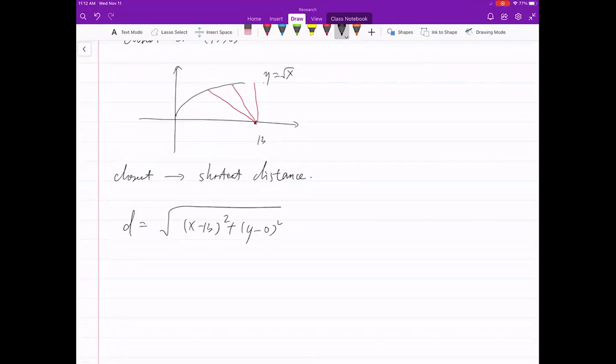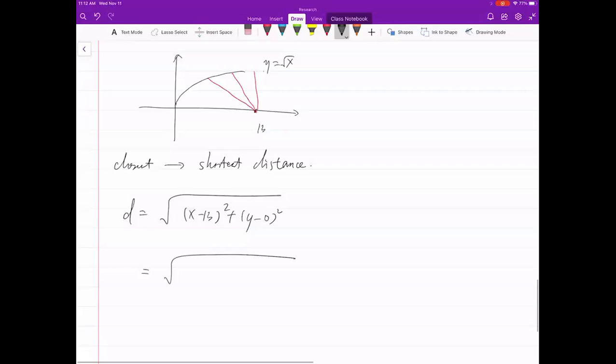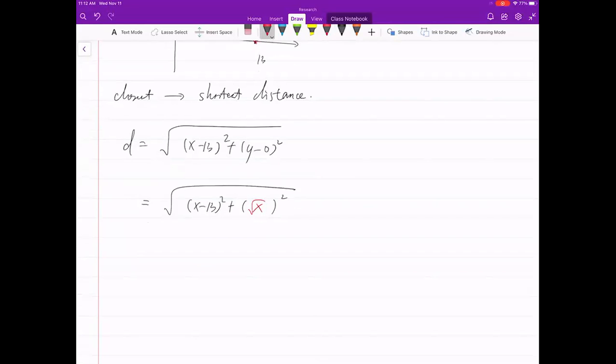Moreover, I know the point is on y equals square root of x. So if I see an x, my y correspondingly will be square root of x. That will be the setup.